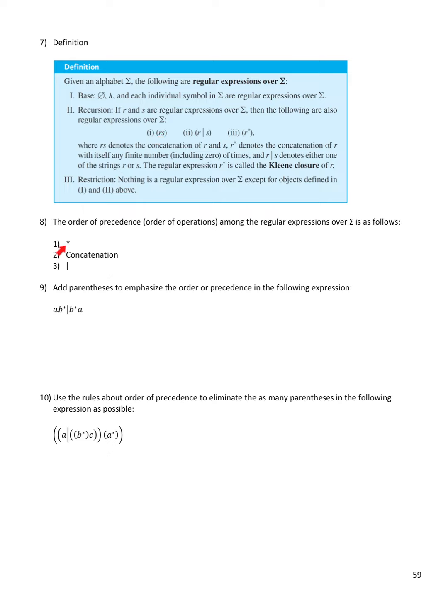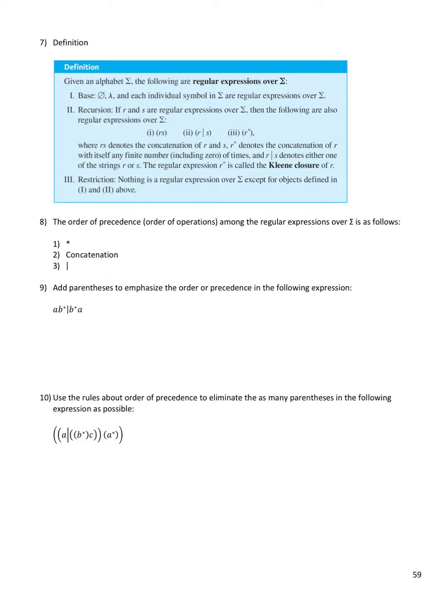The order of precedence is the closure, concatenation, and OR. So I want to look at this regular expression to emphasize the order of operations. Here, A and B are elements of the alphabet sigma, and this is a way of explaining how to make strings of A and B.